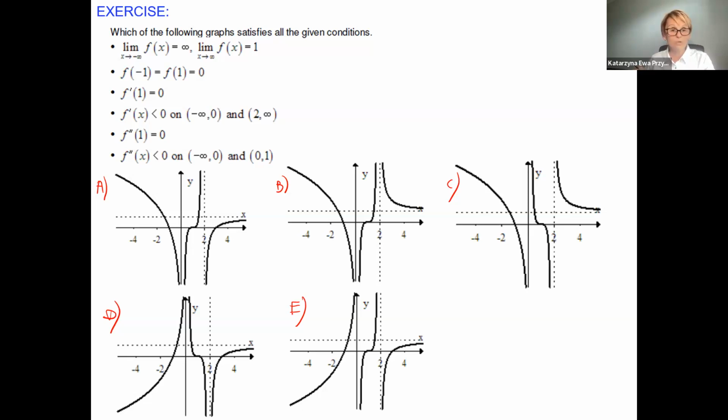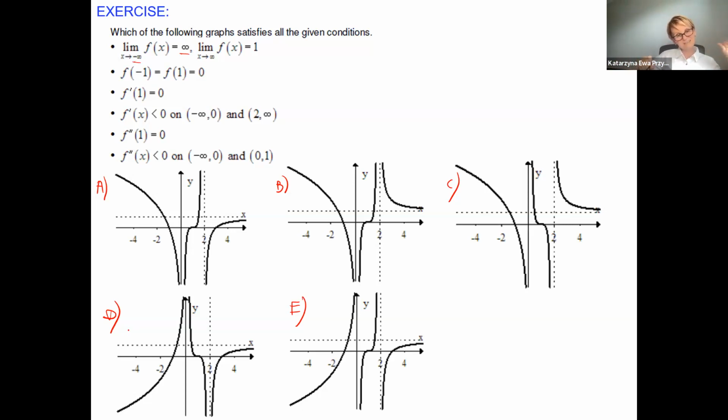One of the graphs must satisfy all of the conditions. We know that the limit at negative infinity of the function is positive infinity. Then at negative infinity we have no horizontal asymptote. At negative infinity, the function goes up, because that's the y values.